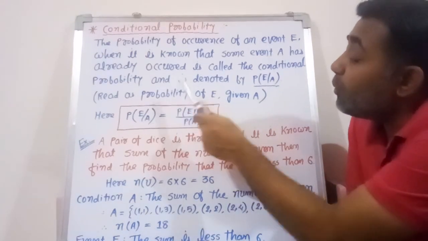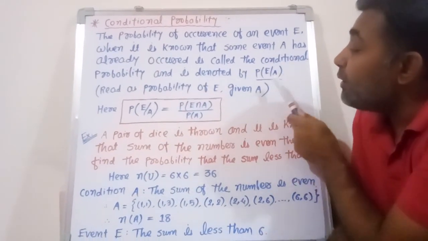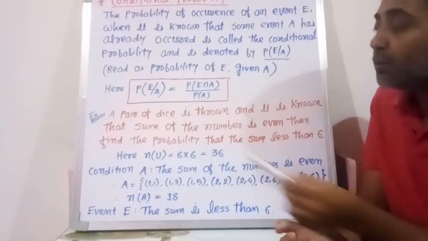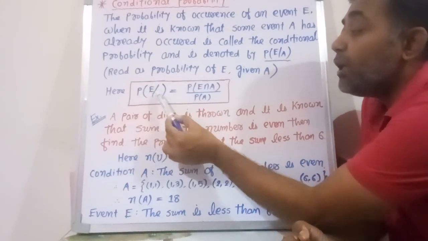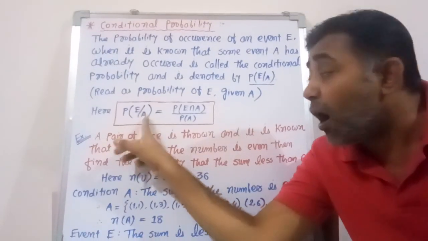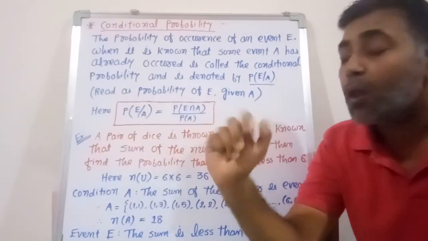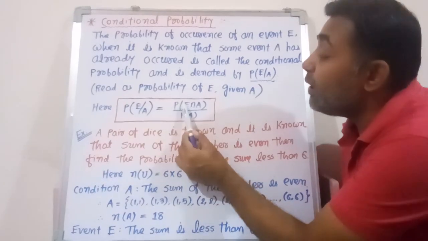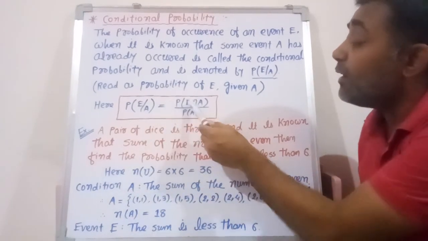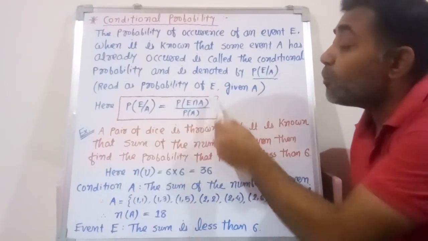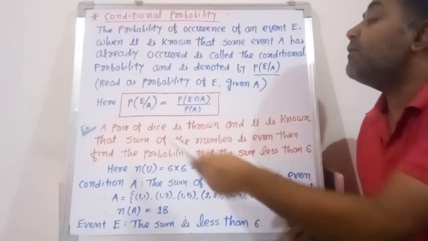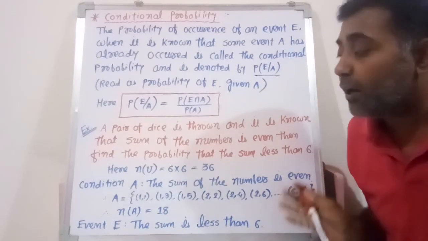We may read it as probability of E given A. So in short, this symbol represents probability of E given A. It means the condition A is given and we find the probability of event E. The formula is: probability of E intersection A upon probability of A. We first find E intersection A and the probability of event A, and then by taking the ratio of both we can easily find the conditional probability.